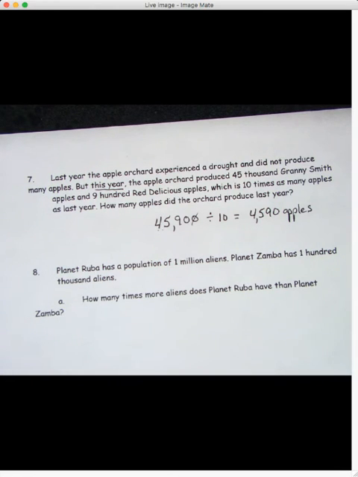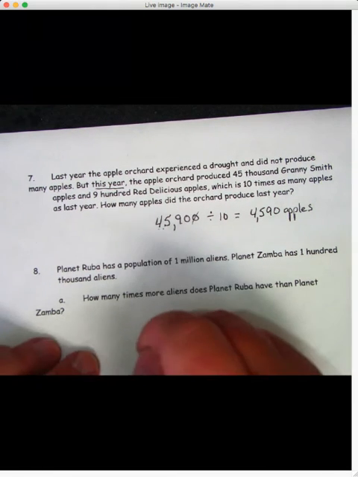Number 8, planet Ruba has a population of 1 million aliens. Planet Zamba has 100,000 aliens. Okay? How many times more aliens does planet Ruba have than planet Zamba? Okay, let's draw our place value chart here.